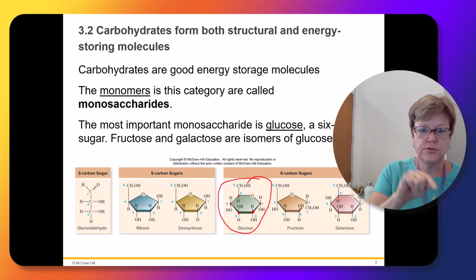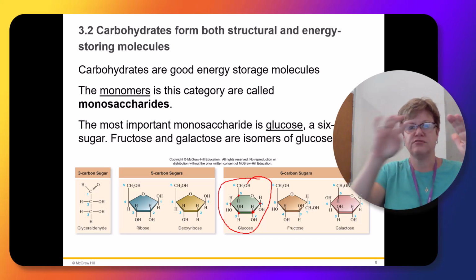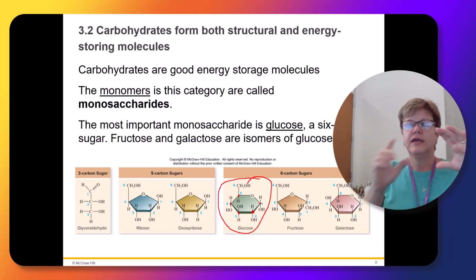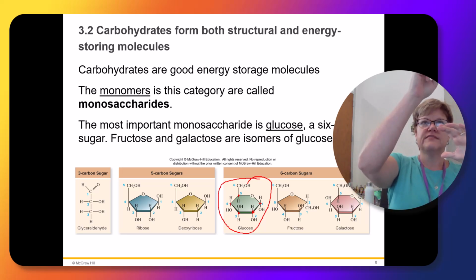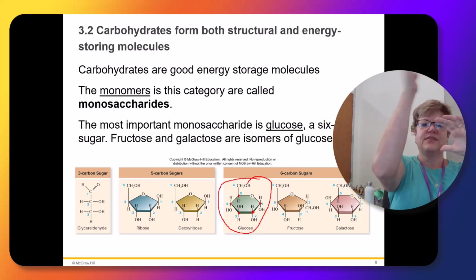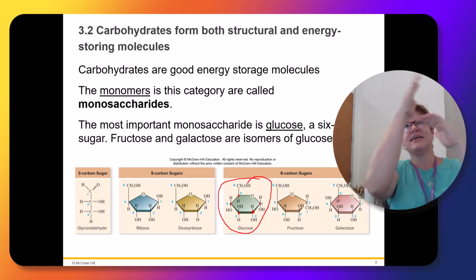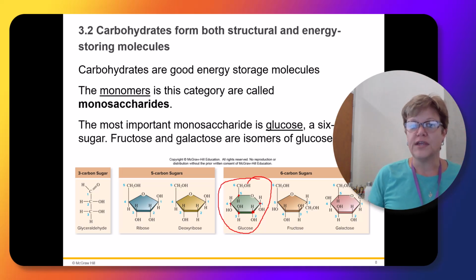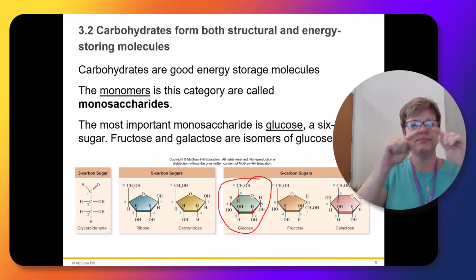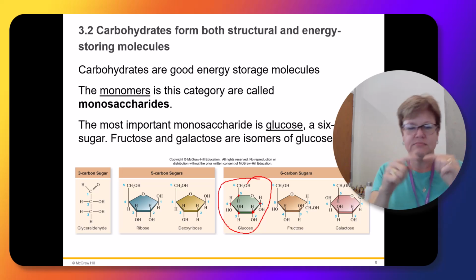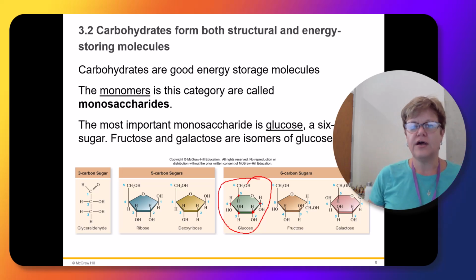Carbons 1, 2, 3, 4, and 5 are in that sort of hexagon shape. And then the 6th carbon sticks up, I think of it as like a little flag sticking up above the ring. So we call that hexagon shape the ring structure because it's round-ish. And it's a hexagon.